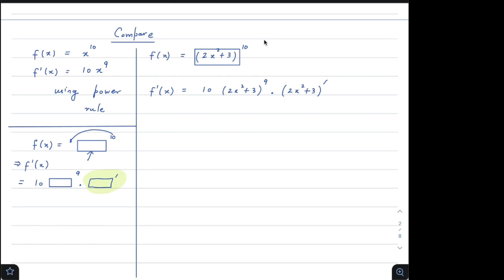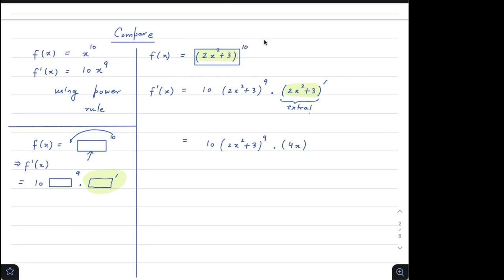Please note this box is actually the inner layer of your function, and you have to make sure that you multiply with the derivative of the inner layer. So this is the only extra thing here. Make sure you remember to keep it with you. The derivative of 2x squared plus 3 is 4x, and you are done.